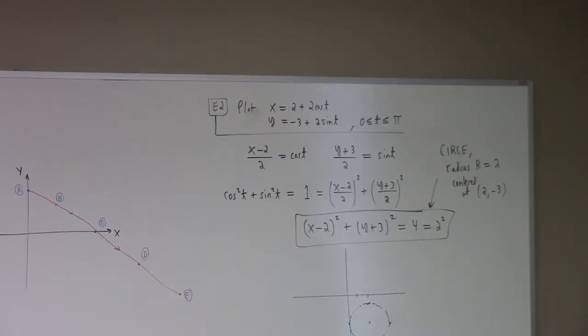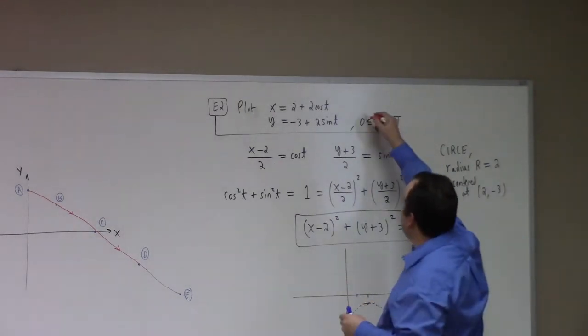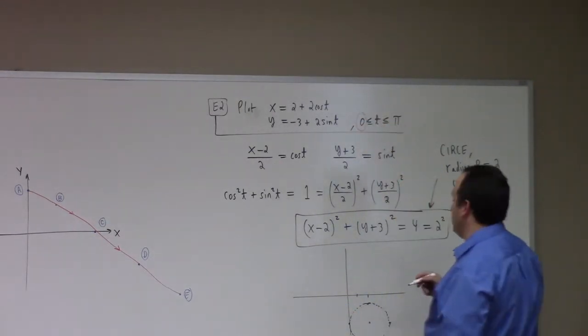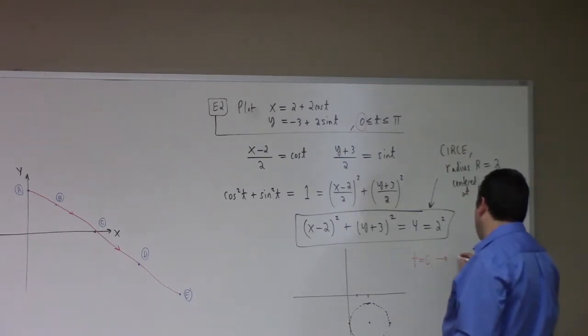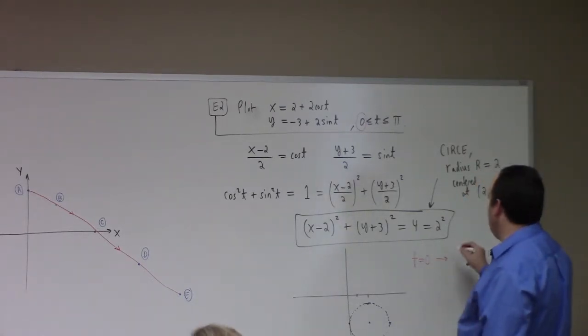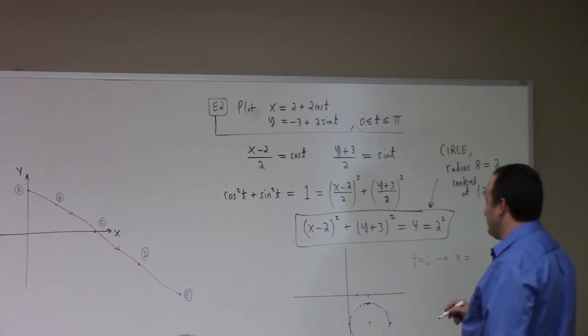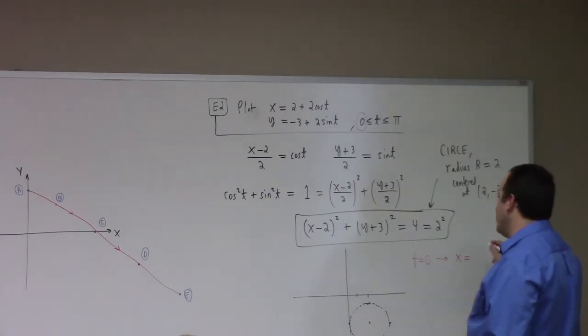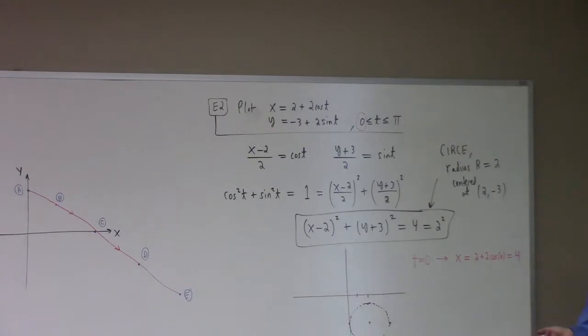But the parameterization, what part of this circle does it hit? And where does it go to and from? Where does it start? What's its starting point? Let's think about t equals 0. We get x equals 2 plus 2 cosine 0, that's 4.